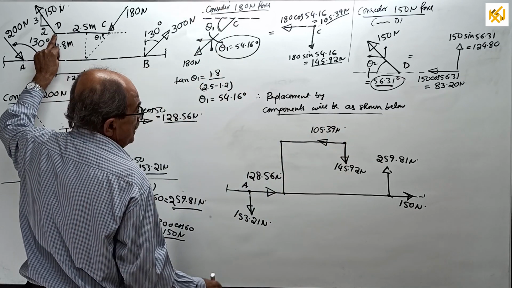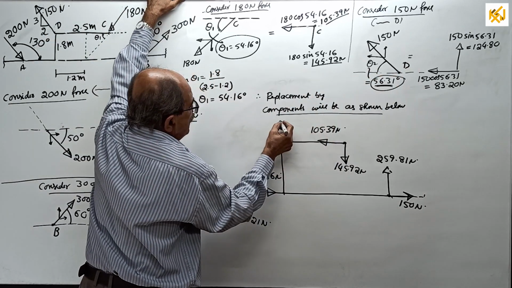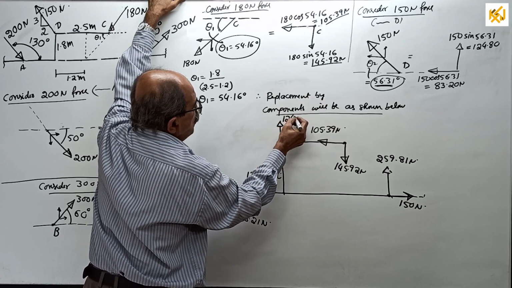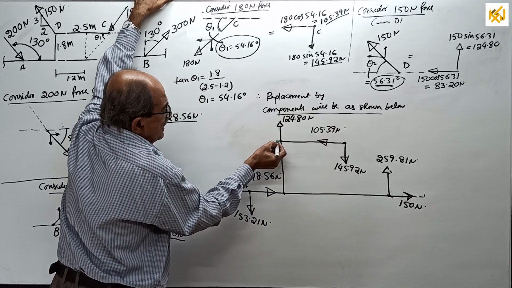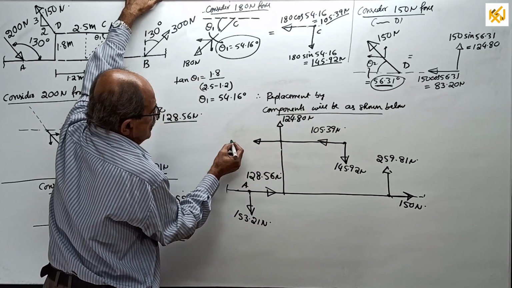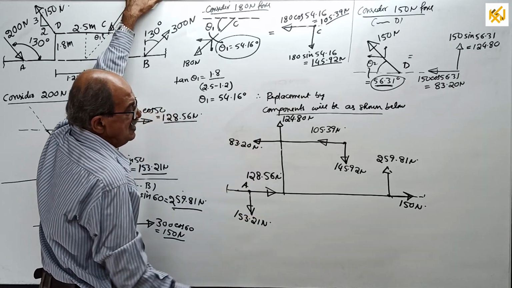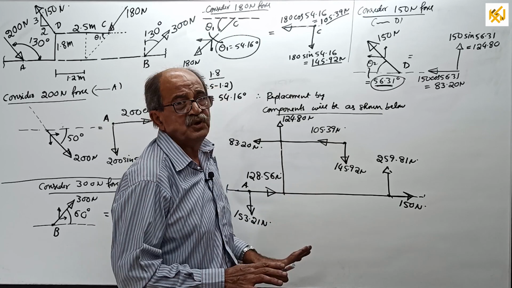Lastly, through the point D, vertically upward of 124.80 Newton and in the X direction, left side, of 83.20 Newton. This is the final result of our resolution.